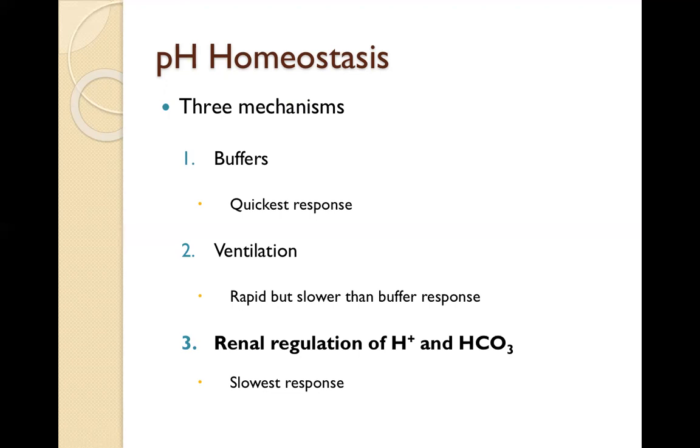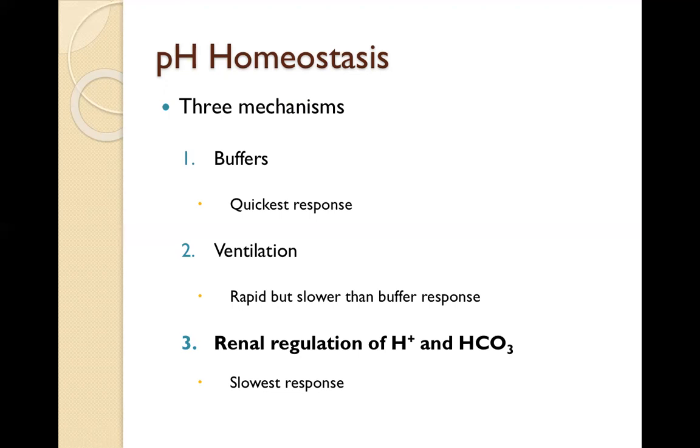So a buffer system in chemistry is just a system of molecules in solution that will resist big changes in pH. And we have multiple buffers in our body. We're really only going to talk about one and a little bit of another one. We're going to briefly mention another one.